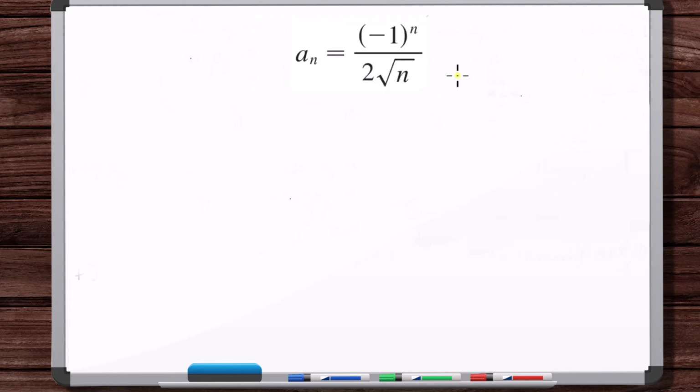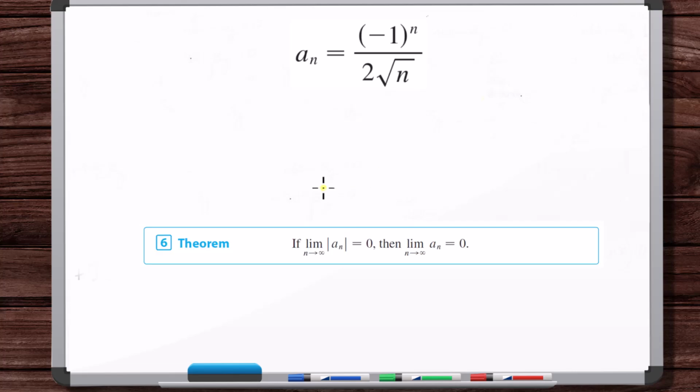Okay, here we've got an alternating sequence, right? It alternates positive to negative, positive to negative. To find the limit of this sequence we want to look at this theorem here. We can find the limit of the absolute value of the sequence. So the absolute value of a sub n would be what?